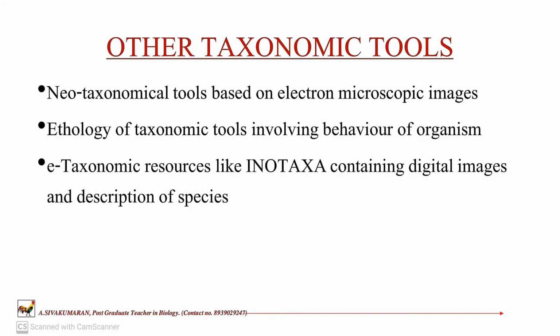I already told, in this modern world we have neo-taxonomical tools based on electron microscopic images, then ethological taxonomic tools involving the behavior of organisms, and e-taxonomic resources like INOTAXA, which contains the digital images and description of species.